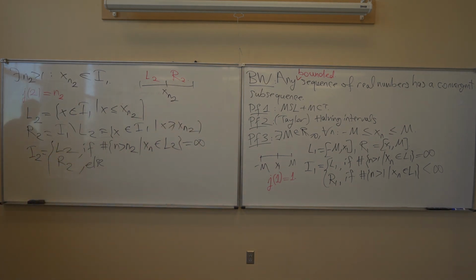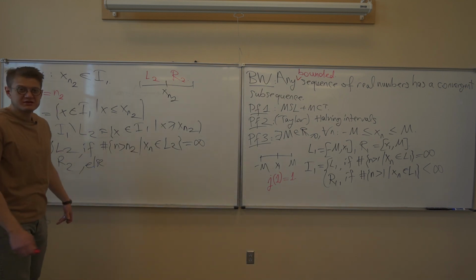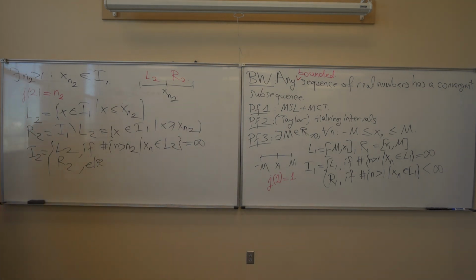Do you not also look at times after n equals 1? Well, yes, in particular, that is true, of course. But I don't want to go back when I'm creating my subsequence. I want my time to proceed.